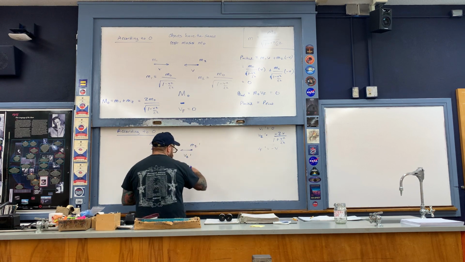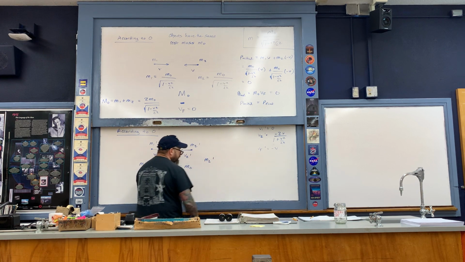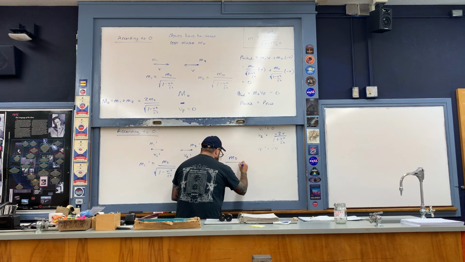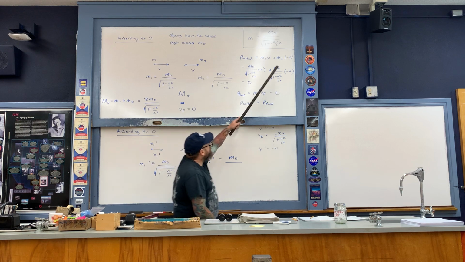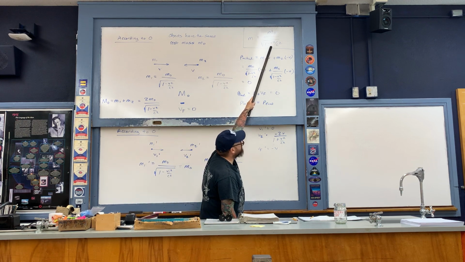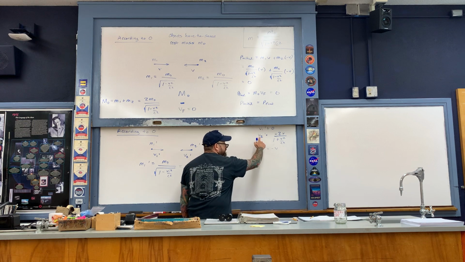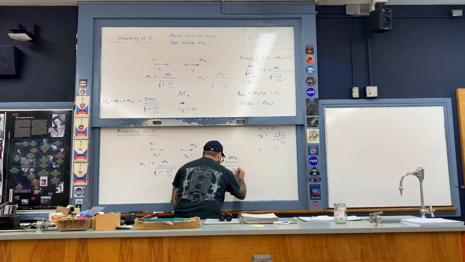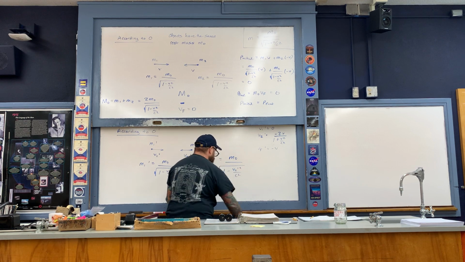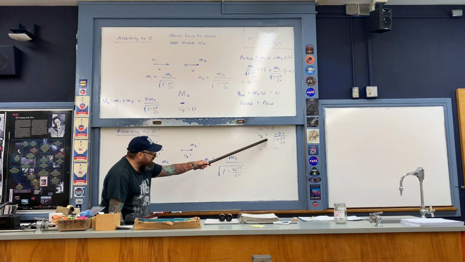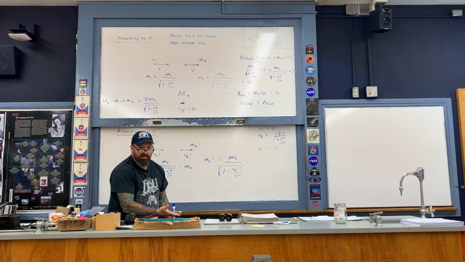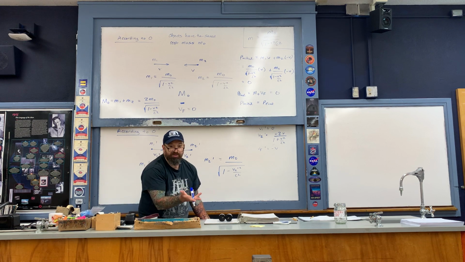So according to O prime, I should see its rest mass little m naught, and I do. Now let's find M2 prime. M2 prime is going to equal the same rest mass m naught divided by our square root. In the square root here, however, the V is now this V2 prime. So what we have to do is take this expression for V2 prime and plug it into here. As you can see, this would get a little bit messy algebraically, so I'm going to spare you the algebra.